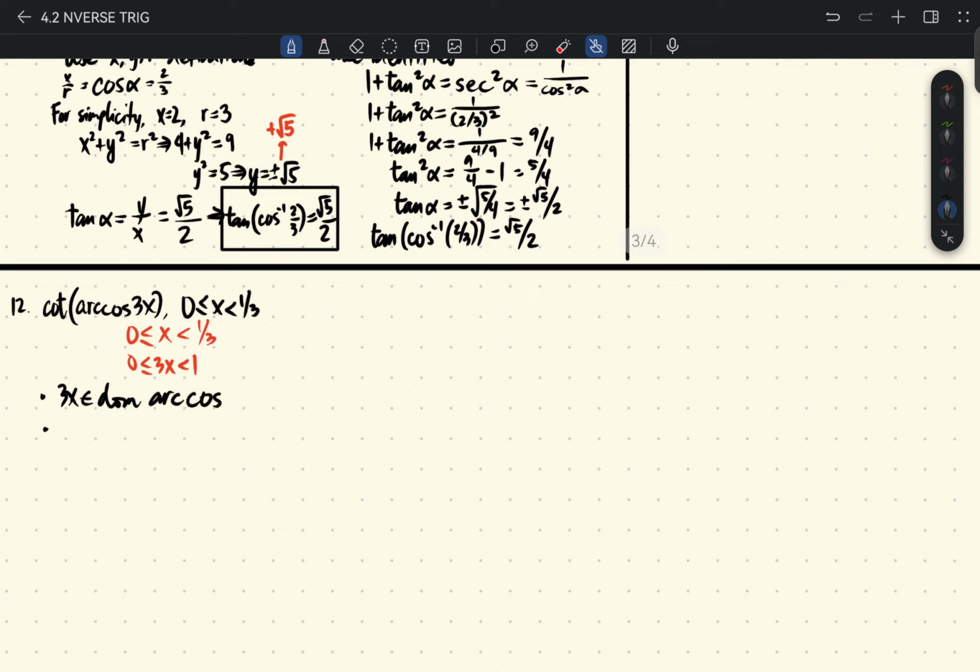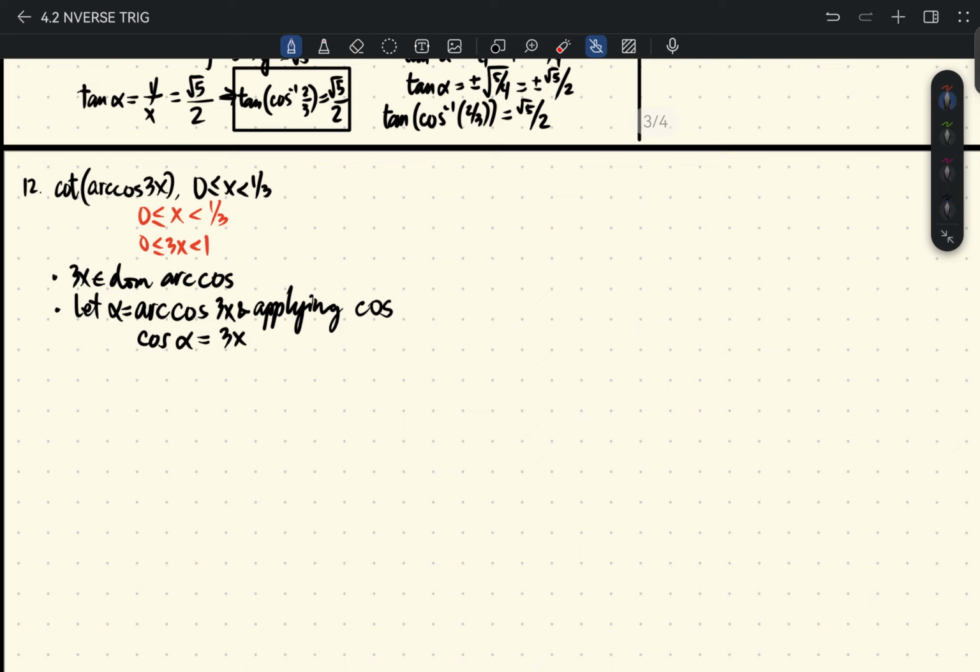And so we can let alpha be equal to arc cosine of 3x. So that, applying the cosine function to both sides, we get cosine alpha equals cosine of arc cosine of 3x, which is just 3x, since 3x is in the domain of arc cosine.